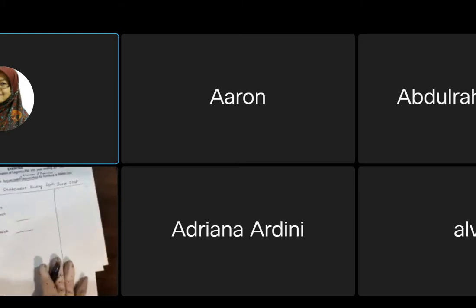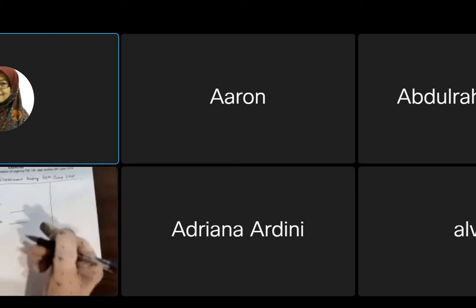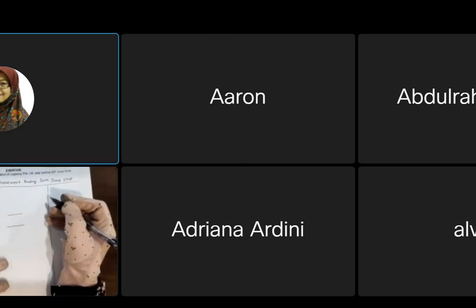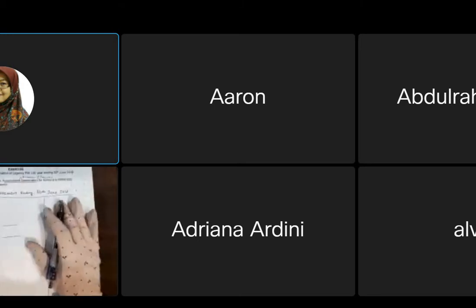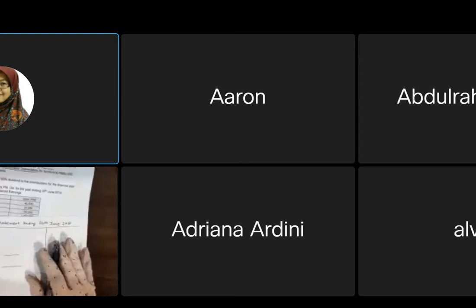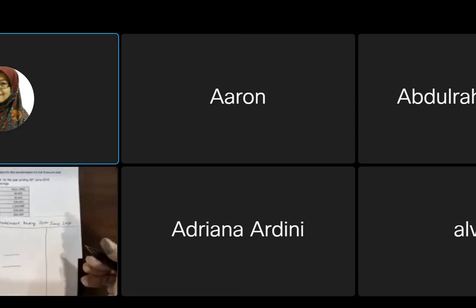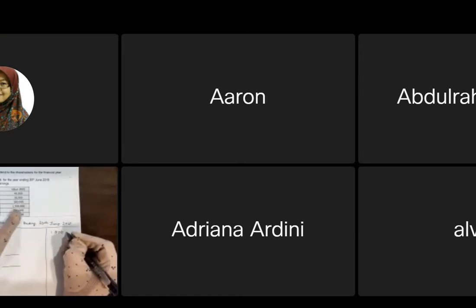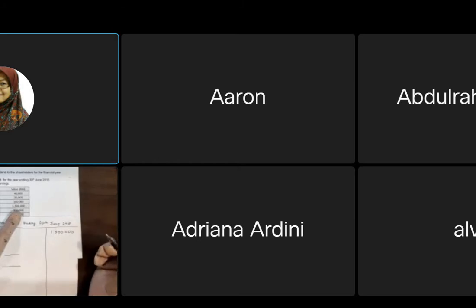Then you get something here. Okay, we can settle it. What is the sales here? The sales of product is 150,000.